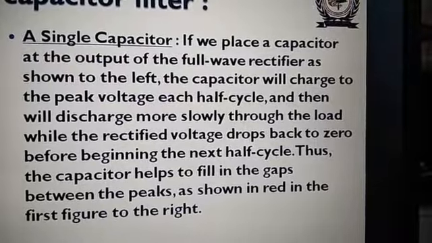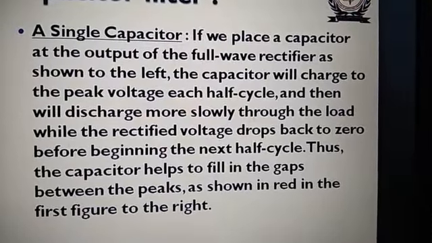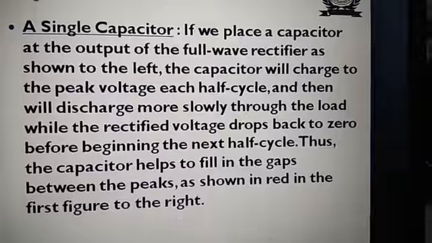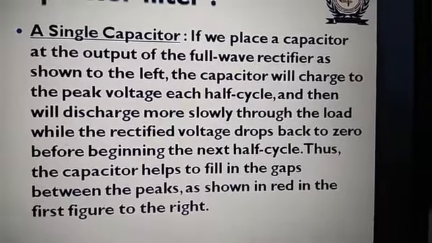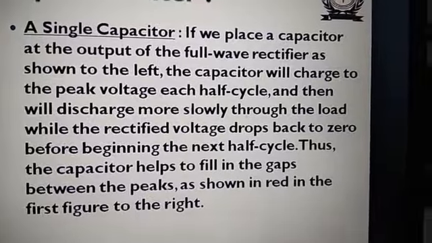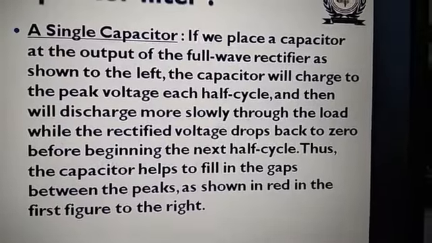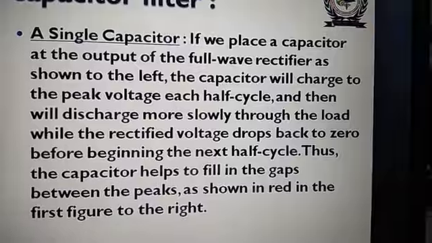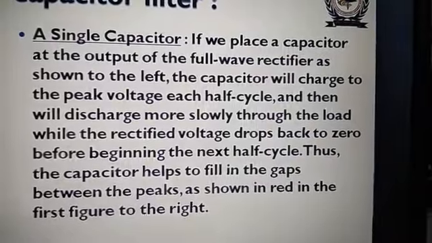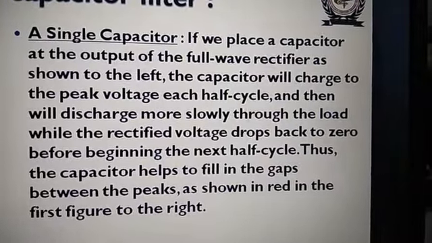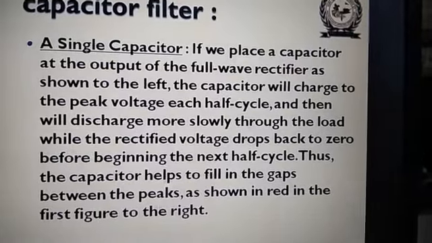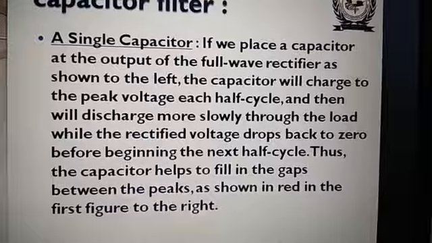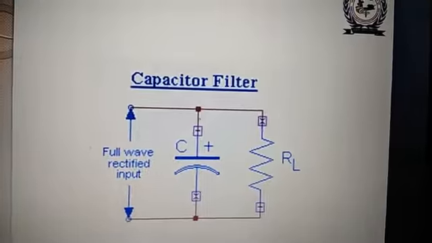The capacitor will charge to the peak voltage each half cycle and then will discharge more slowly through the load while the rectified voltage drops back to 0 before beginning the next half cycle. Thus, the capacitor helps to fill in the gaps between the peaks, as shown in red in the figure.